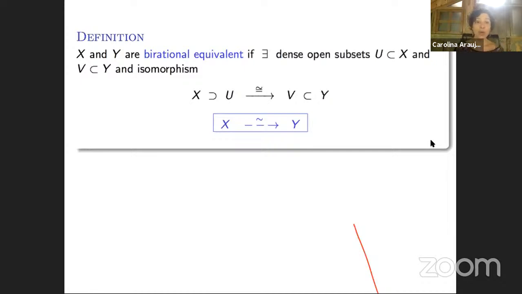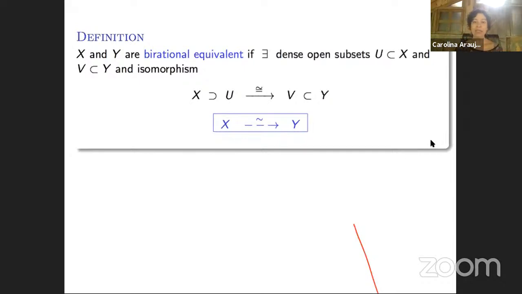I say that two varieties are birationally equivalent if they contain dense open subsets which are isomorphic. So this is, for example, as in the case of the blow up. If I blow up a point in the plane, I get a new surface which is not isomorphic to it, but it's birationally equivalent.